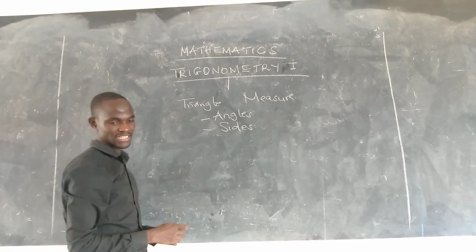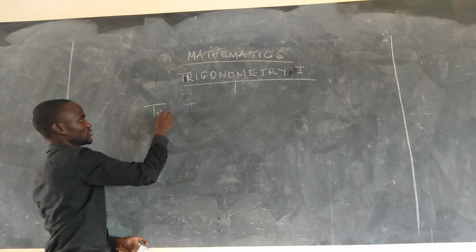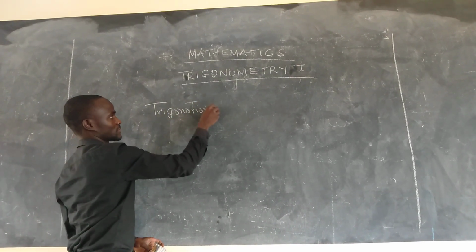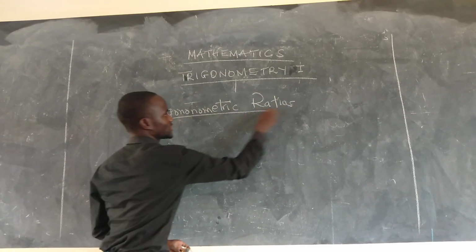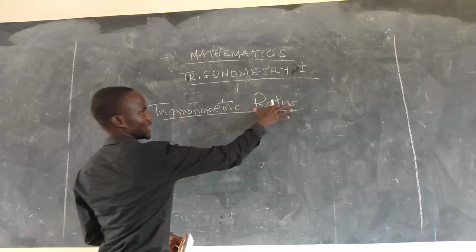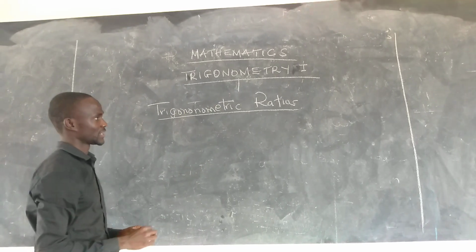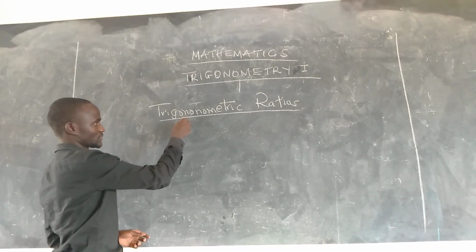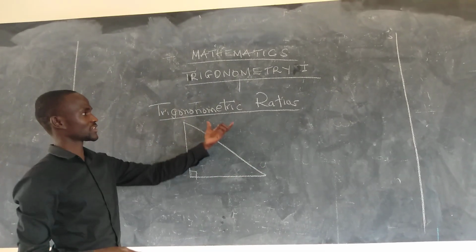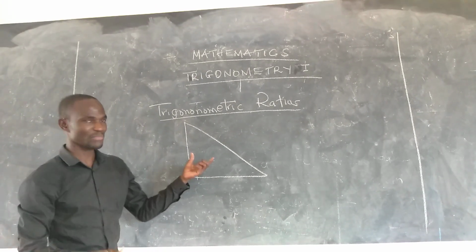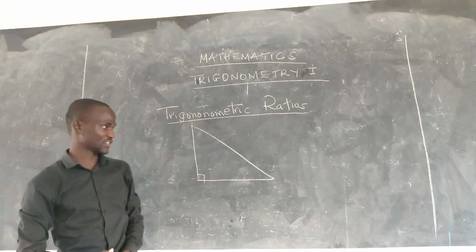After introducing that, then we bring in the concept of trigonometric ratios. Trigonometric ratios, and definitely you know a ratio is just a comparison of two particular aspects. Now I will come up with a right angle triangle, and then when we are talking of these trigonometric ratios, we want to specifically embark on a right angle triangle, whereby we look at these ratios.